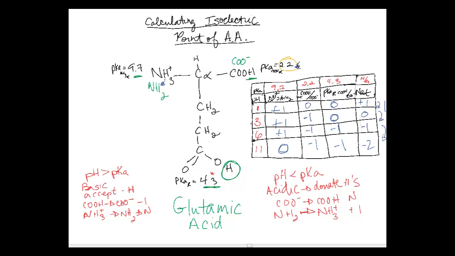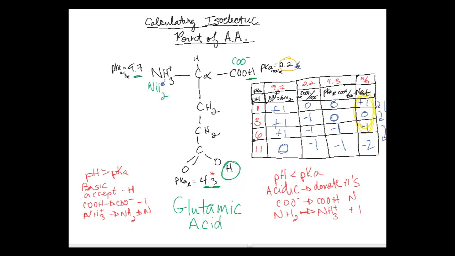If you didn't, then you've done something wrong with your pH selection. So, what is important? Well, the important ones are the ones that are right here, the ones that are going from +1 to 0 and 0 to -1. Those ones are the ones that contribute to the isoelectric point calculation.